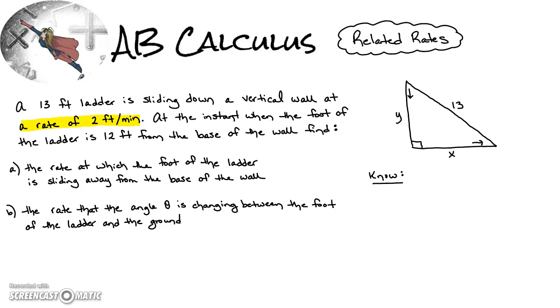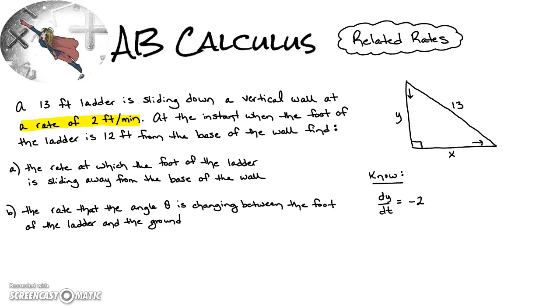Well, that's the rate at which the y is changing. So what we call that is dy/dt. And since it's sliding down, which causes that side of the triangle to get smaller, it's a negative rate. So I'm just going to say -2. Don't bother putting the units there.